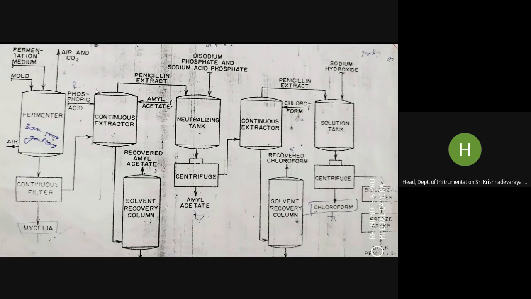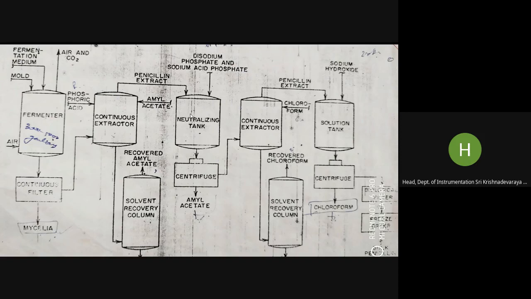The pH of the crude beer is adjusted to about 2.5 with dilute 10% phosphoric acid, which is sent from the top. The liquor is then passed into continuous extractors, where the penicillin is extracted by amyl acetate. When you add amyl acetate, the penicillin is extracted and sent to the neutralizing tank.